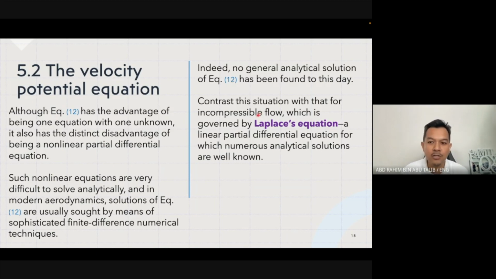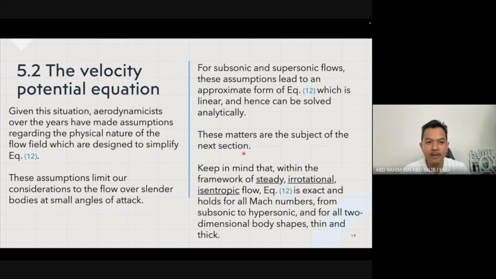Contrast this situation with that for incompressible flow in the low speed region, which is governed by the Laplace equation, a linear partial differential equation for which numerous analytical solutions are well known. Given the situation, aerodynamicists over the years, through research, experiments, and numerical simulation, have made assumptions regarding the physical nature of the flow field, which are designed to simplify equation 12.